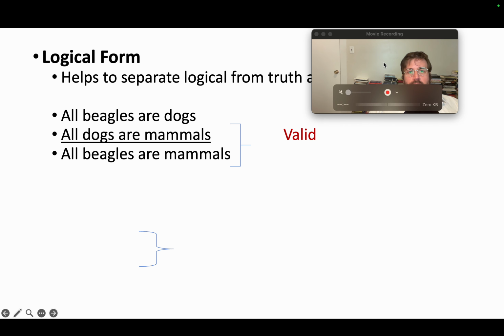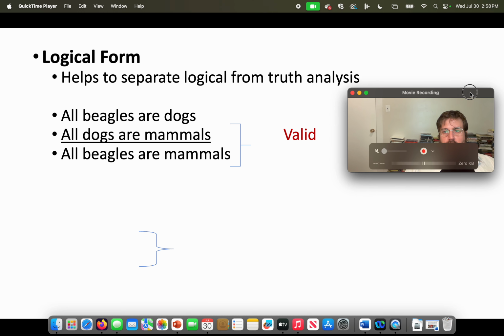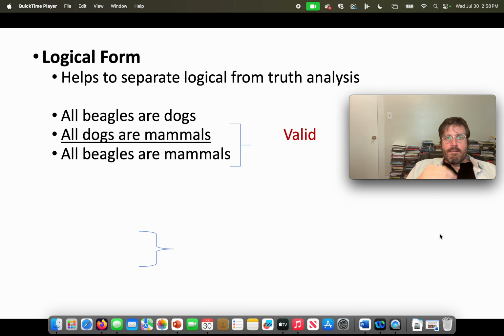Okay, let's look a little bit further here. I'm going to get out of the way for another example. I discussed in the last video the idea of logical form. Logical form is the way in which we try to carve out the deeper structure of an argument from the content, from the subject. You're going to encounter a lot of arguments in the course that refer to things in the world that are seemingly unimportant and pedestrian.